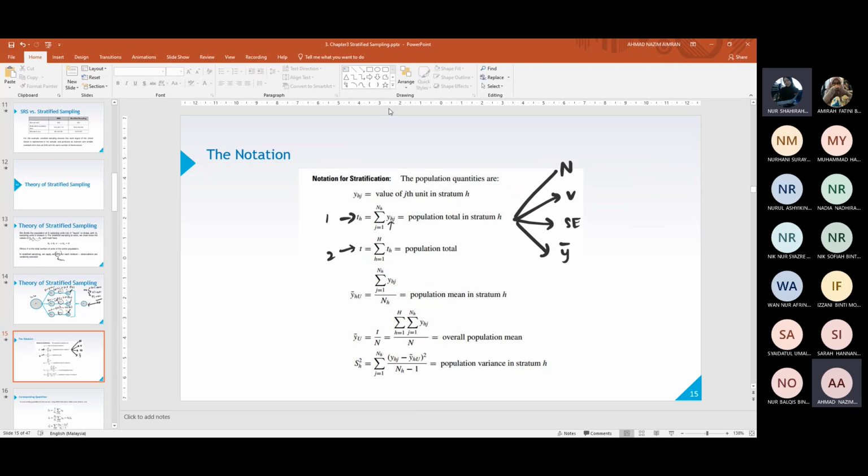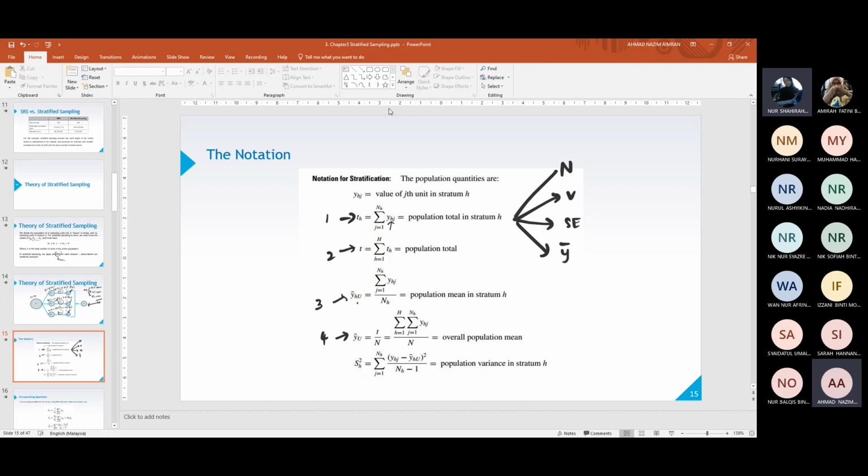And you can also calculate the population mean in stratum H, in each individual stratum. You can calculate the population mean for northeast, north central, south, and west. And in number 4 here, you can calculate the overall population mean.